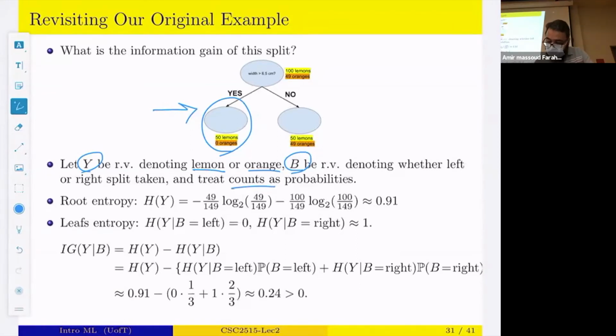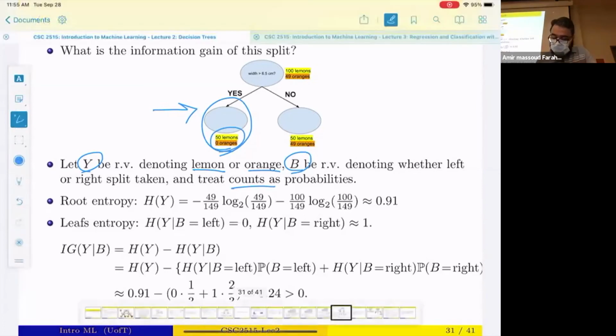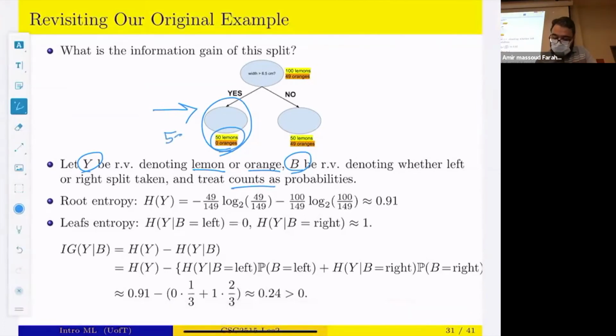So for example, here we have 50 total, 50 lemons, 0 oranges, so the probability of being lemon is 50 over 50. But here the probability of being lemon is 50 over 50 plus 49, right? And the same here, 100 over 100 plus 49.